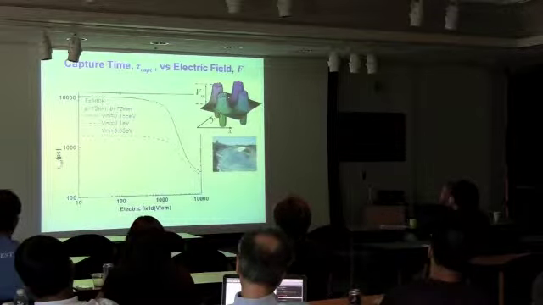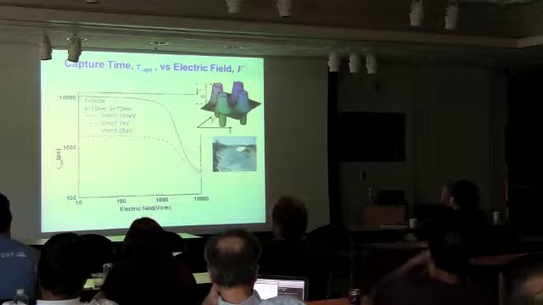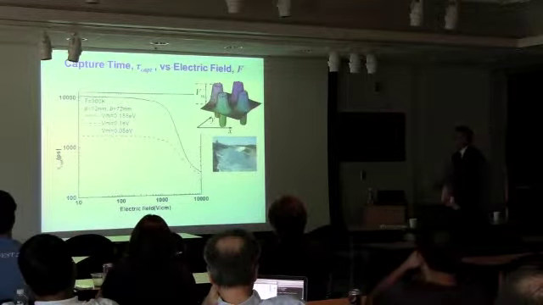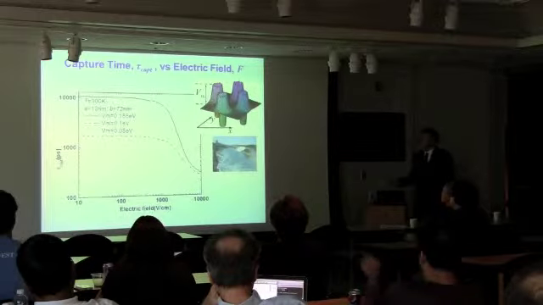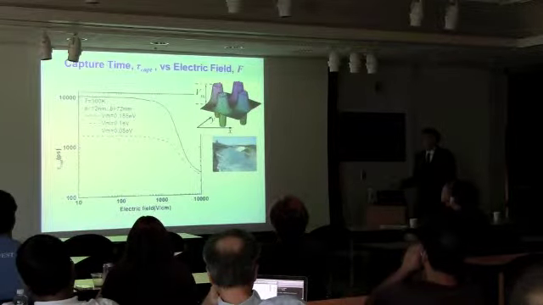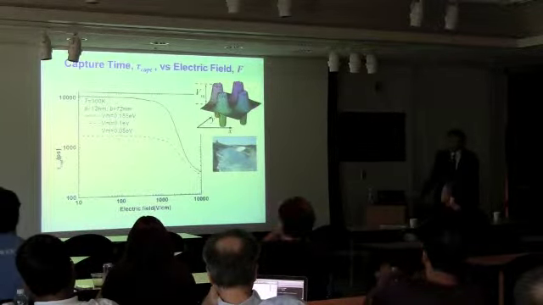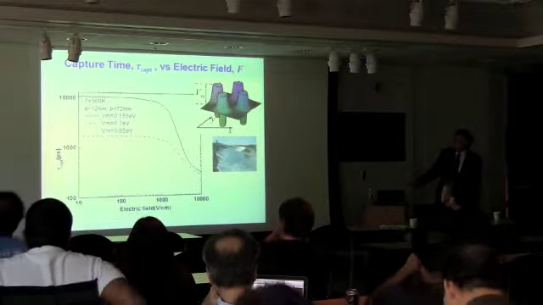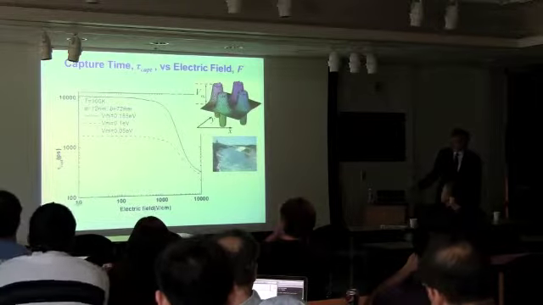But what happens now if we increase the electric field? At a certain field, like 1 kilovolt per centimeter, you see it's 1,000 volts, we have a substantial drop of the time. We increase lifetime, but when we increase the field, time decreases substantially.